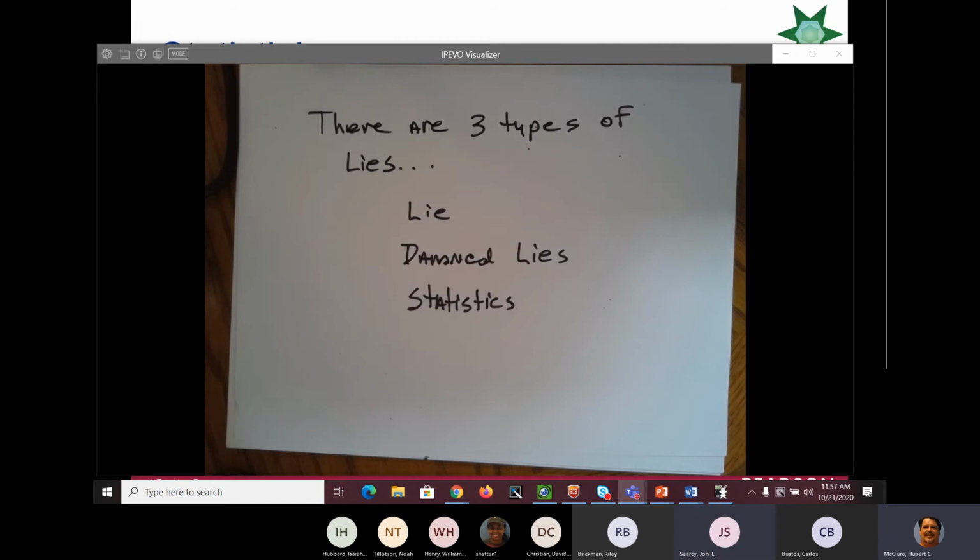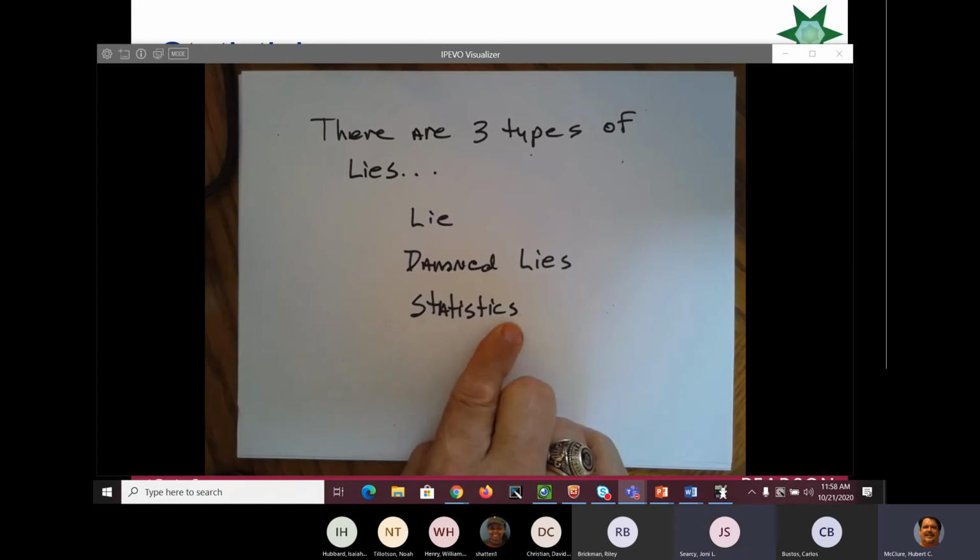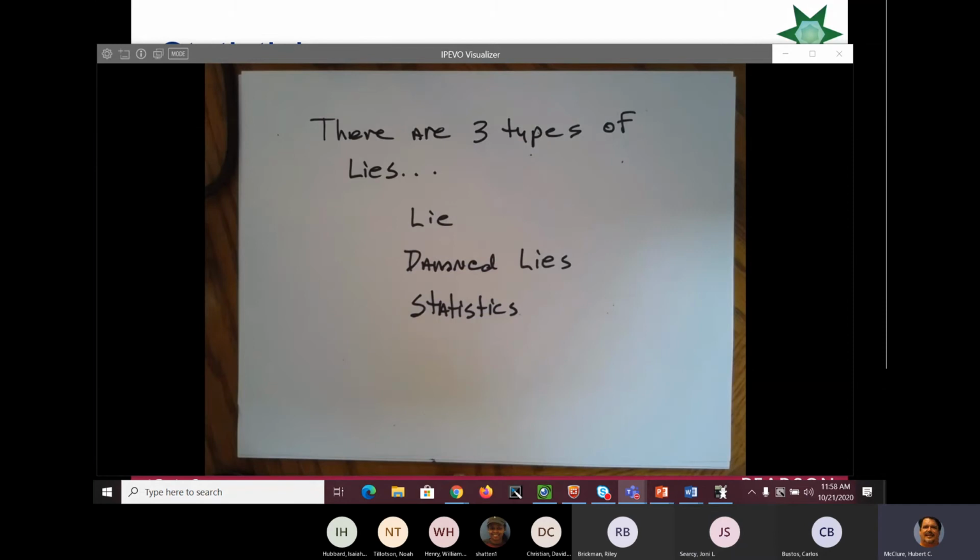Okay. Now, what does streetwise and street smart have to do with this? Well, the more you know about statistics, the less you can be lied to with statistics. It's kind of like anything else.